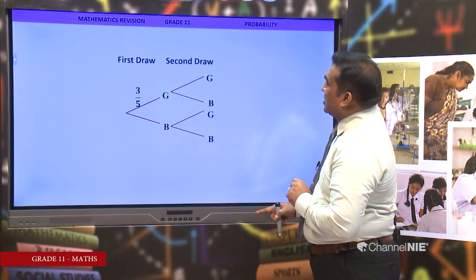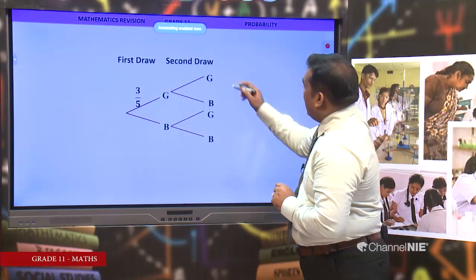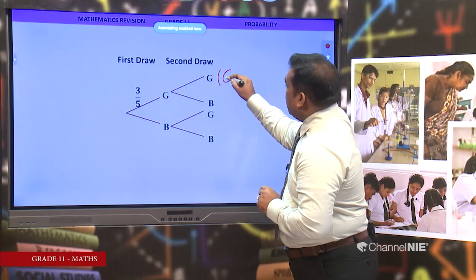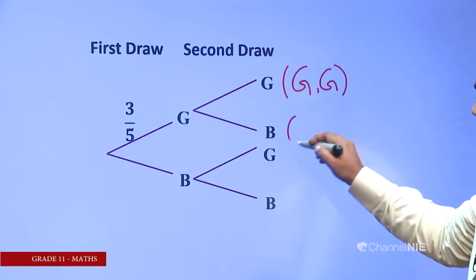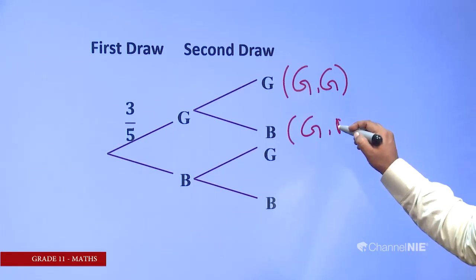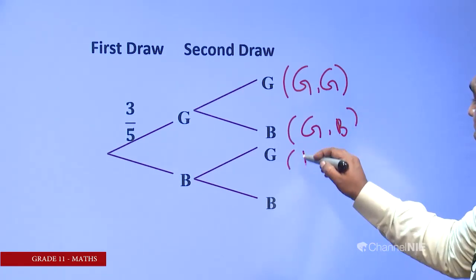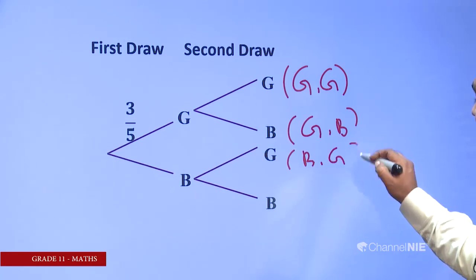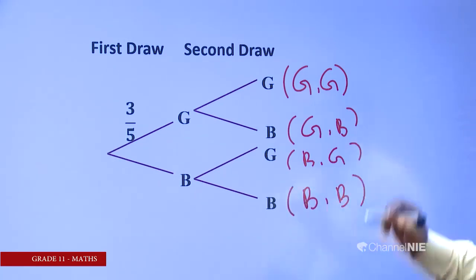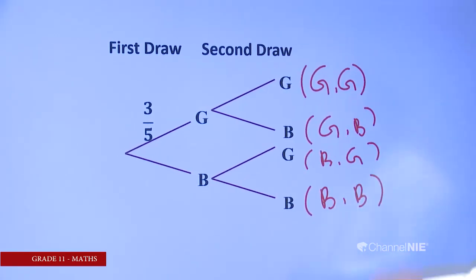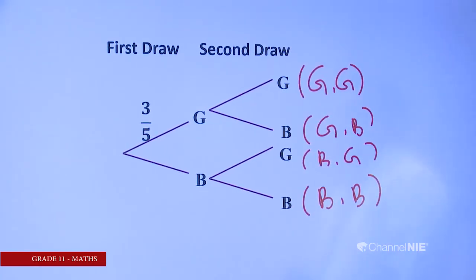First row, second row. Then how to write the sample space? G, G. Here G, B. Here B, G. Here you have B, B. Sample space.